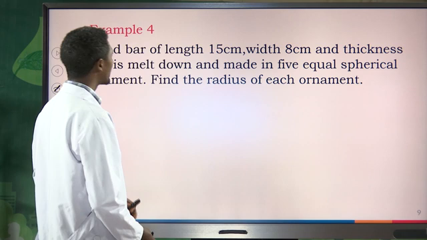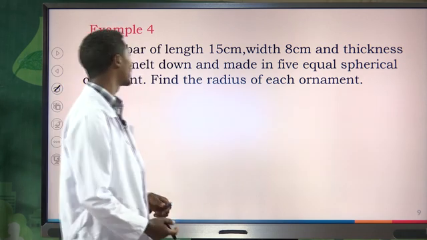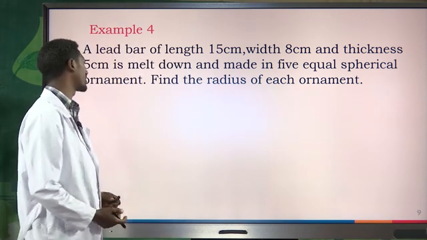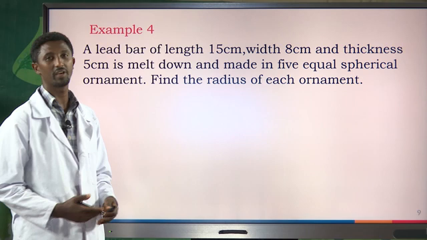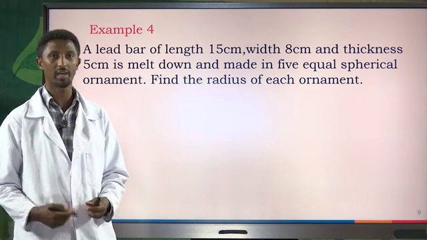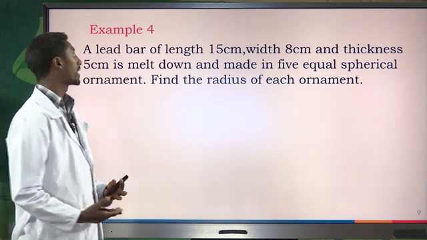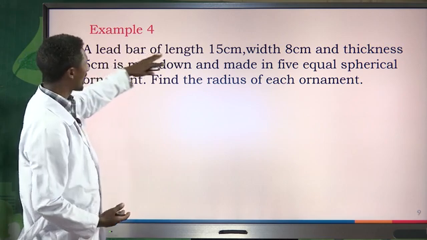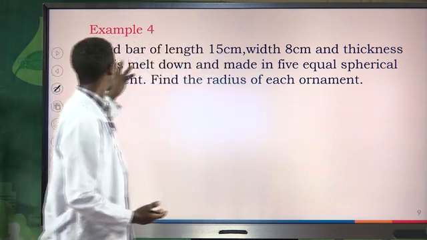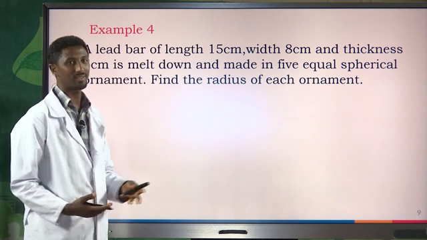melted down and made into 5 equal spherical ornaments. Find the radius of each ornament. Here, we have a lead bar 15 by 8 by 5 centimeter that is melted down.